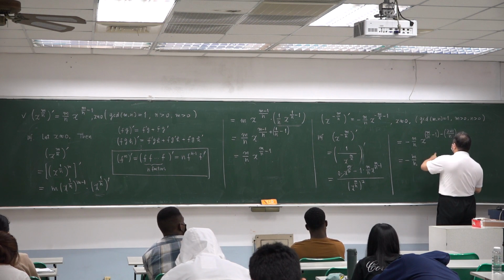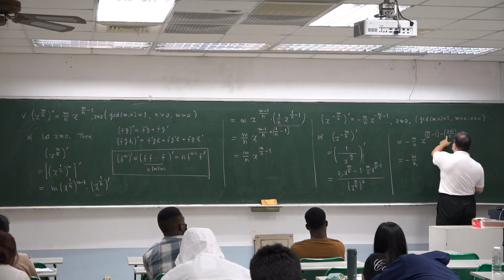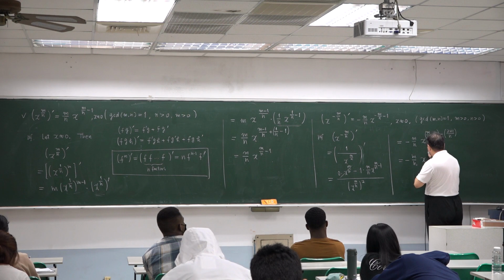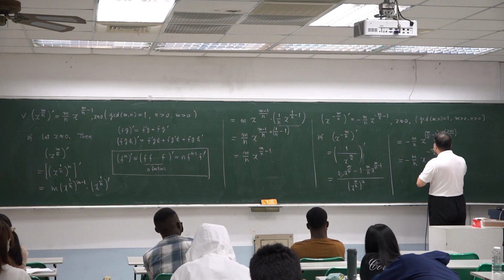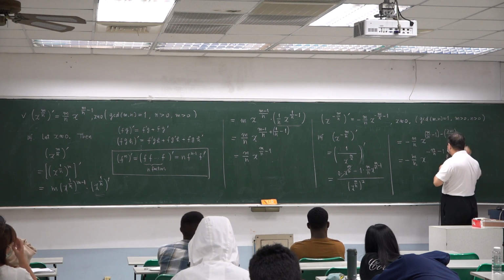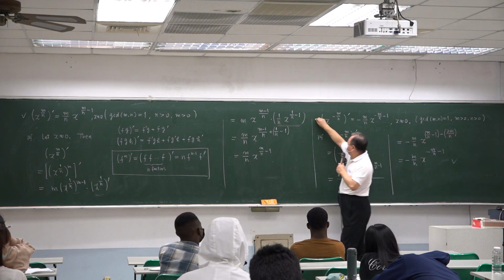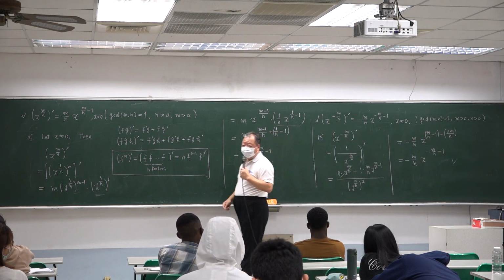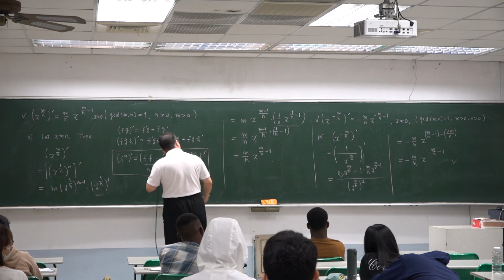So how much is it? Minus m over n minus 1. Bingo. So all the same.